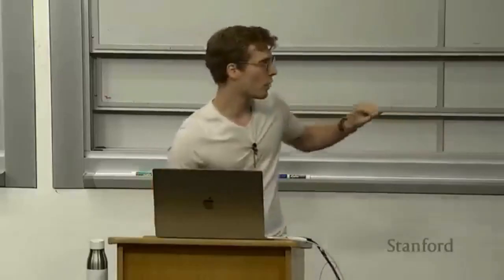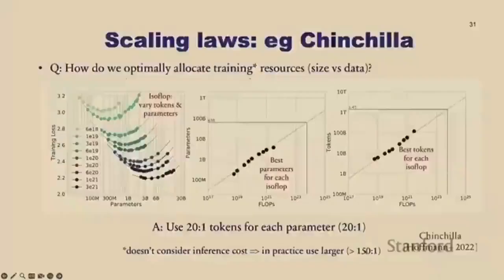So actually, if you consider the inference cost, you have other papers that try to show that it's around 150 tokens per parameter, because you prefer having a smaller model, since over time you're going to spend less money on inference of these models. So 150 to 1, that's around what the best models are trained on right now, at least the ones that are used in practice in production.